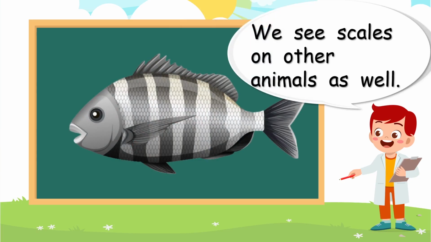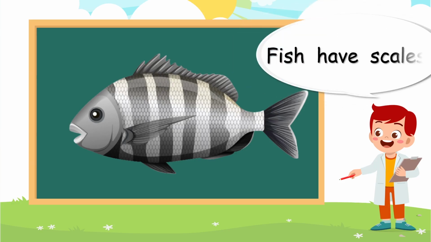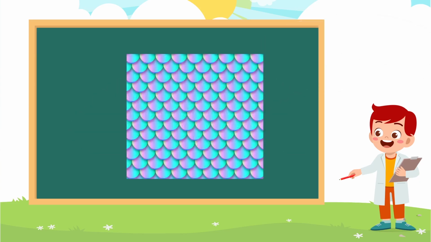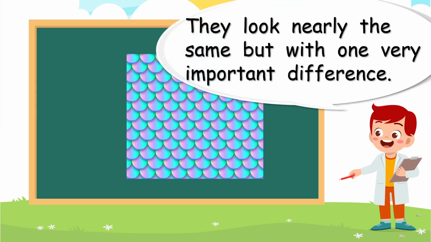We see scales on other animals as well. Look closely at the fish. Fish have scales. Wow, some of them are very beautiful, aren't they? Many different colours. They look nearly the same, but with one very important difference.